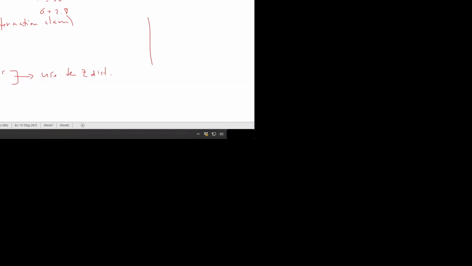So we can compute Z as equals 9 minus 10 divided by 2.8 divided by the square root of 50. There's the computed Z, which is over here. All right.